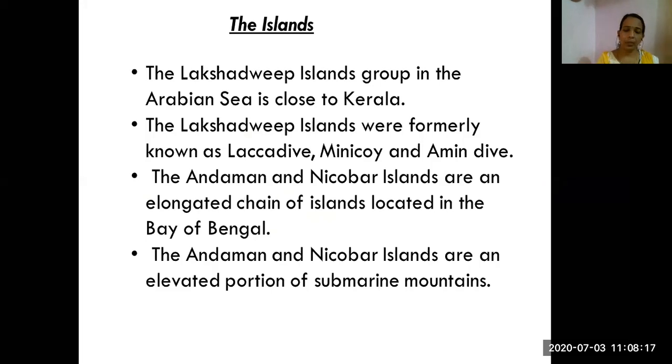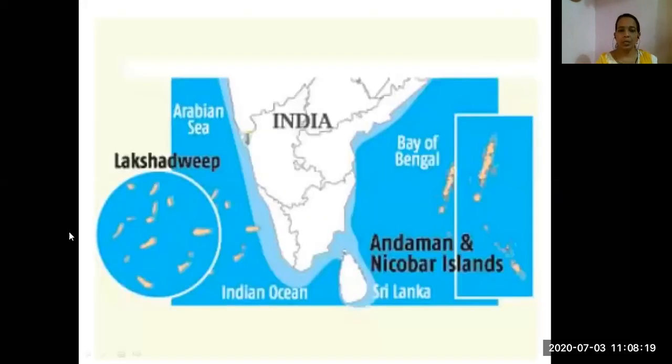Now we'll turn toward the next group. This is the Andaman Nicobar Islands. The Lakshadweep Islands are coral islands, but the formation of the Andaman Nicobar Islands is due to volcanic eruption. It is an elongated chain of islands located in the Bay of Bengal, extending from north to south.